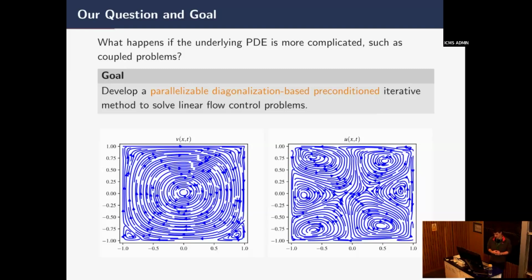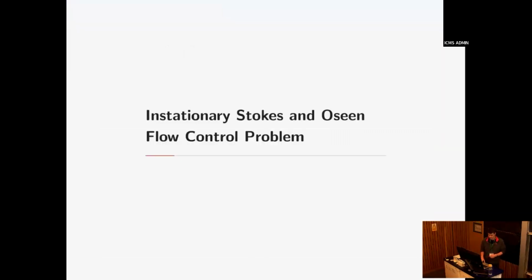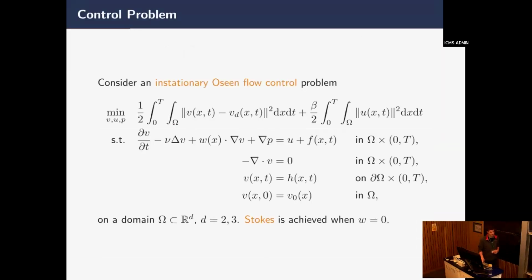So we want to devise a parallelizable diagonalization-based preconditioner for the problem. The problem itself has this form. We have a minimization over V, a velocity space, U, a control space, and P, the pressure. We want to solve this tracking problem. So we have some desired state, which can depend on x and t, and we just want to match that and have some distributed control.